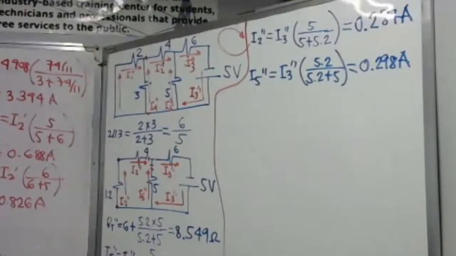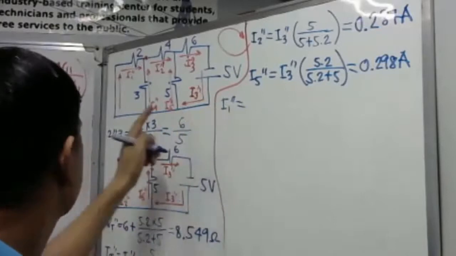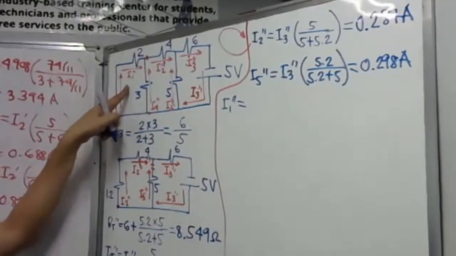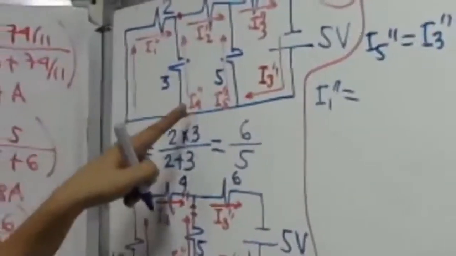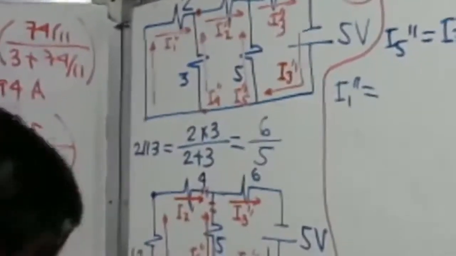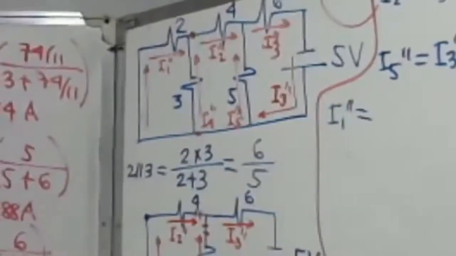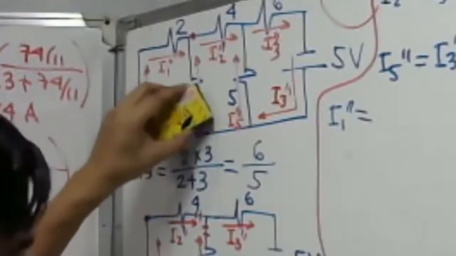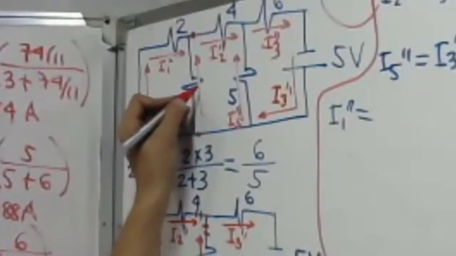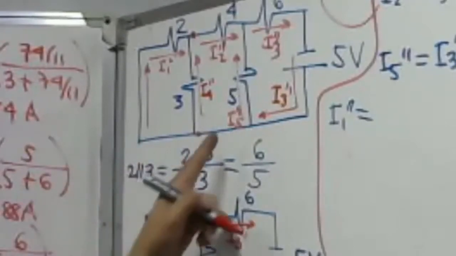So we should have our I1 double prime. What is our I1 double prime? Take a look here, guys. What is the resultant current of I1 double prime and I4 double prime? This is I4 double prime. So, I will just erase this one, then I will make it as I4 double prime. But by the way, this is I5.